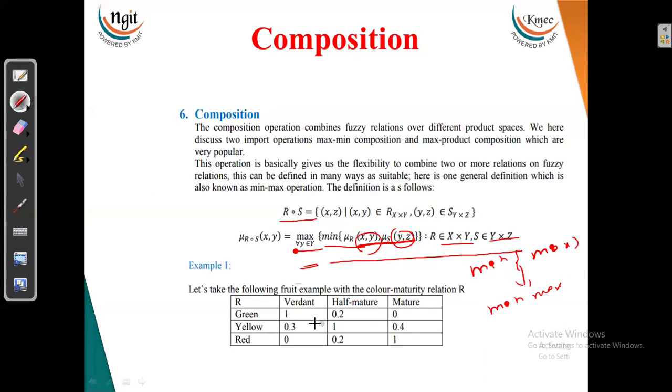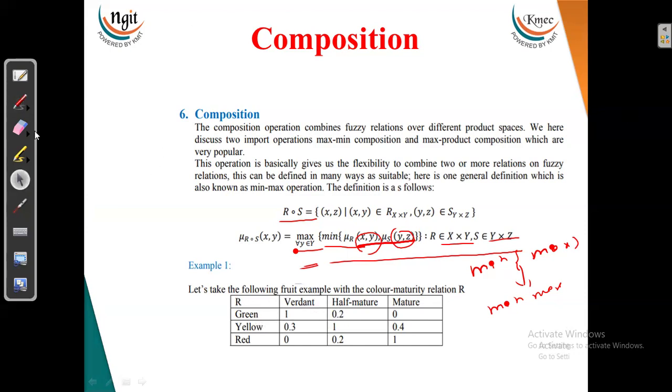If you see the example here, it is a relation, the fruit example we already discussed. The relation between green and verdant is 1, green and half mature is 0.2, and so on.